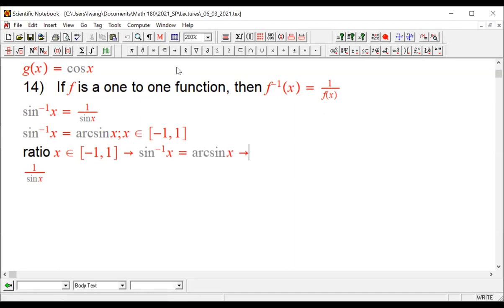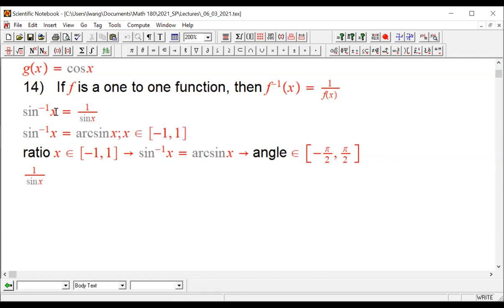It produces what? Angles. And this angle is between where? Negative pi over 2 to positive pi over 2. Okay, so that's about the left-hand side.